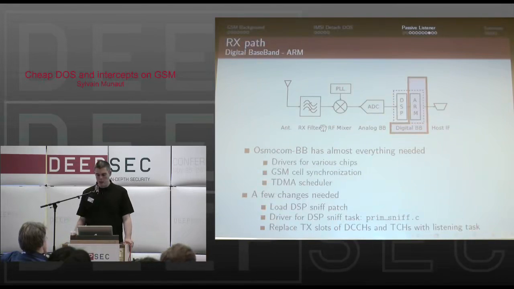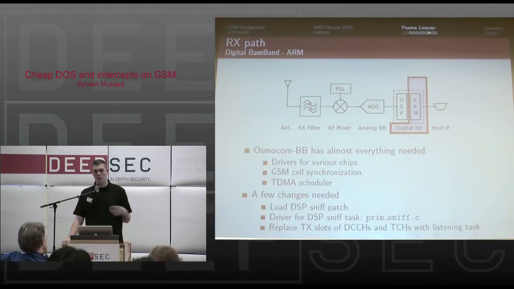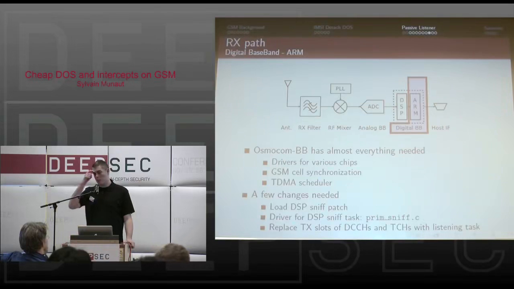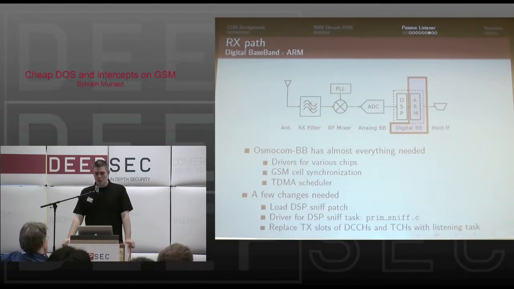Then you have the ARM processor. Osmocom BB has drivers for almost everything in the ARM that we need, at least. It can drive the analog baseband and the mixer and everything. It also has all the logic for cell selection, cell synchronization, and what's called the TDMA scheduler, that is scheduling events on particular frames on the GSM network. There are a few things we need to change. First, we need to patch the DSP at the boot. That's kind of obvious.